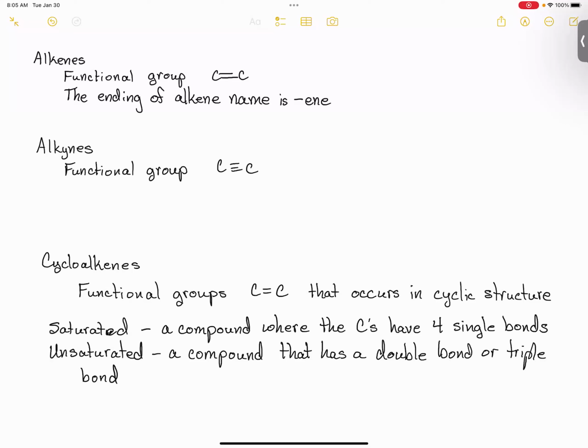An alkane ended in ANE, an alkene ends in ENE, and the ending for an alkyne is YNE.